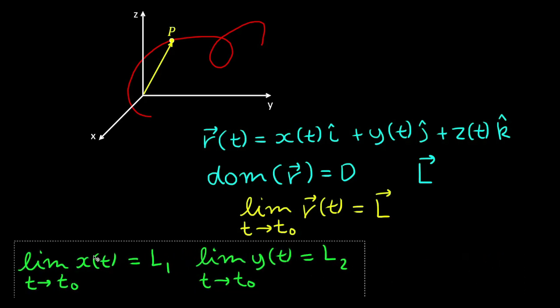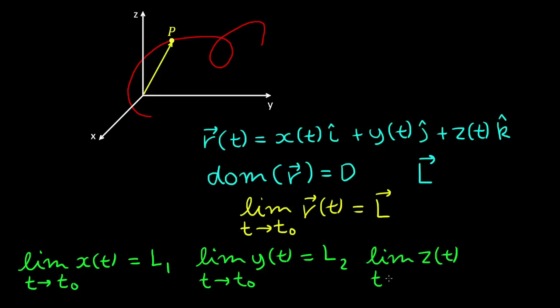And the limit of z(t) as t approaches t0 is equal to the third component. So this is the informal definition of the limit of a vector-valued function.